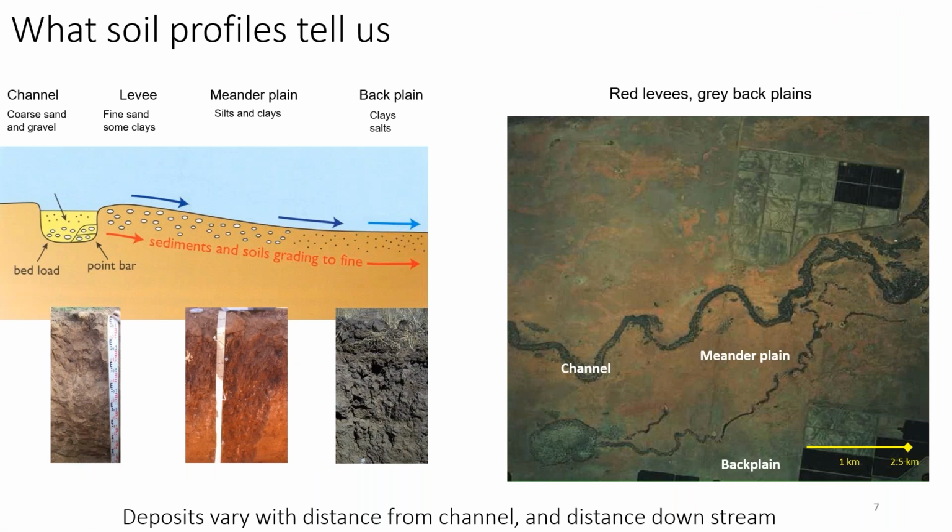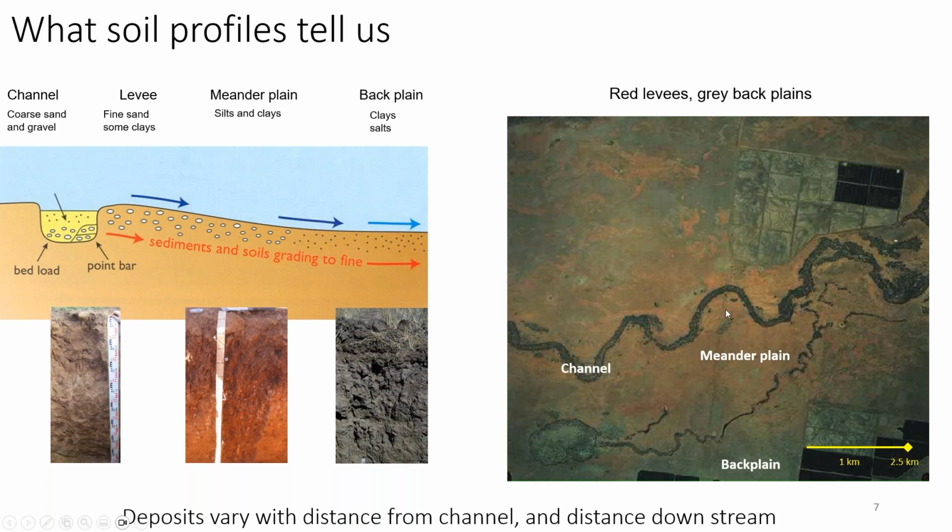These sorts of changes don't just occur on hill slopes, of course, they occur on alluvial areas as well. We can have these stream channels depositing material as they flood and overflow their banks. The sands are heavy and they get dropped out first. As you move away from the channel, the finer sands and silts and some clays get dropped out in these red soils here on the meander plain area, and then further out back where the really fine material gets carried and then left behind as the water evaporates, we get these heavy clays.